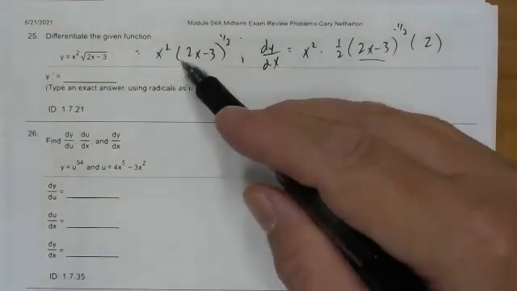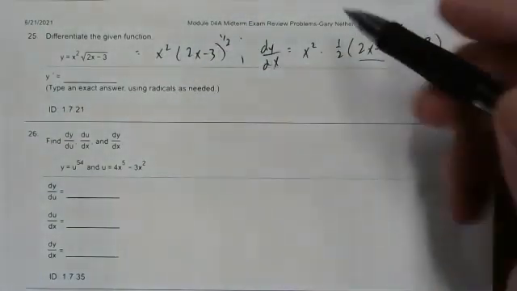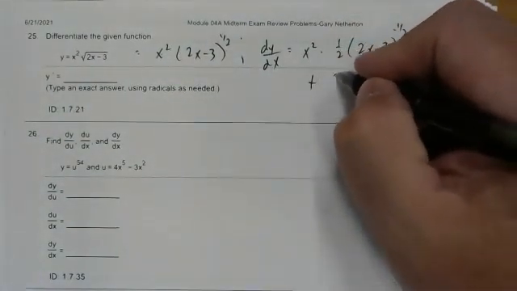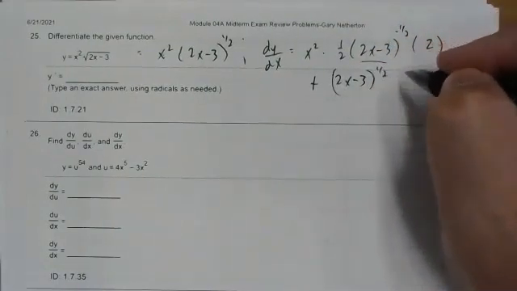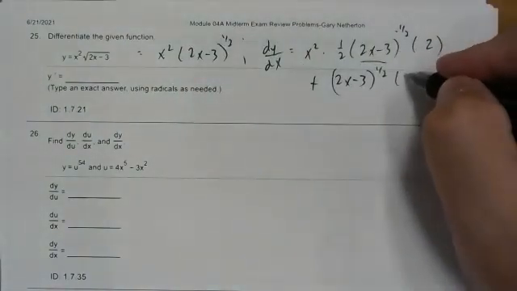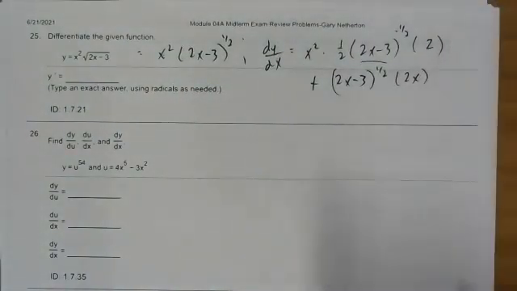That's the first half of the product rule. The first times the derivative of the second plus the second times the derivative of the first, which is just 2x.